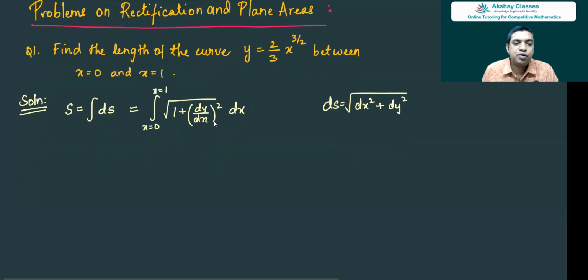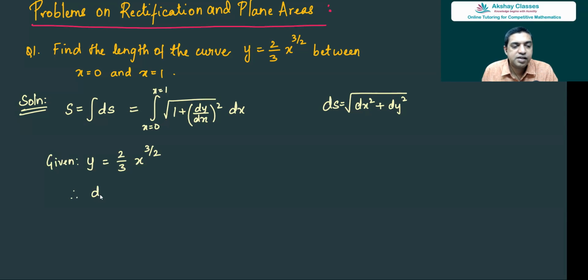So now we have to find dy by dx. Then we substitute, we get the result. So y is 2 upon 3 into x to the power 3 by 2. This is given.